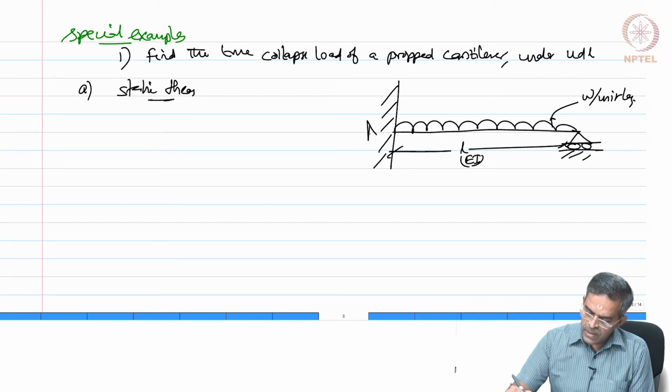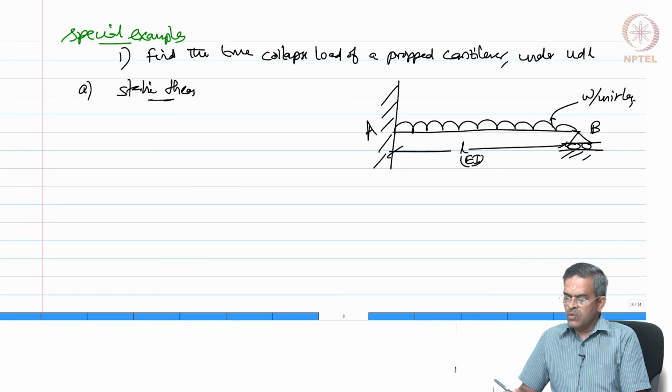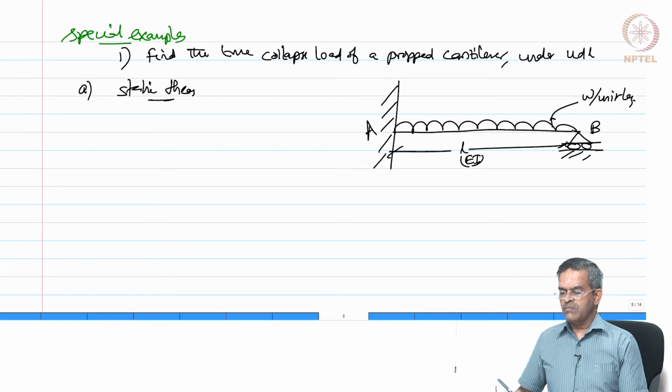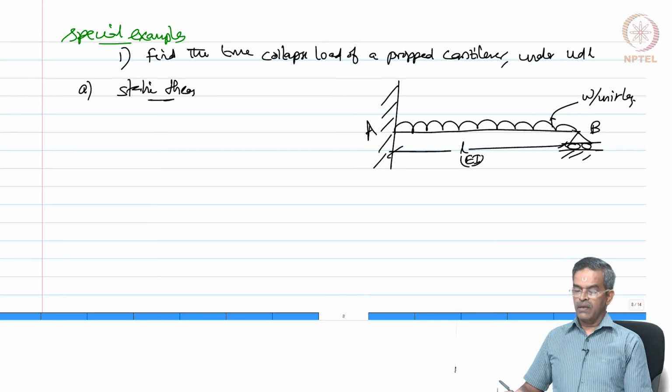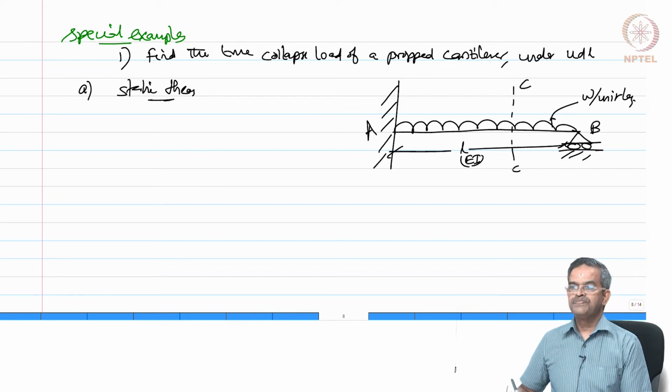Let us call this section as A and this as B. Now, we really do not know where will be the maximum moment happening in the span AB. Let us call that section CC and we want to find this. So, it is that section where the moment is going to become maximum.